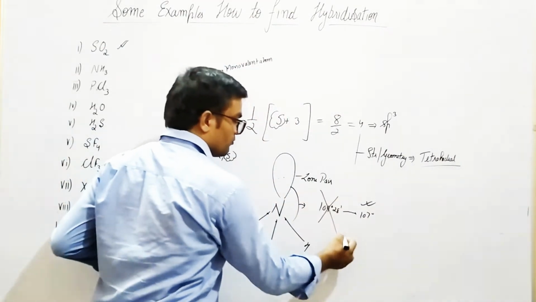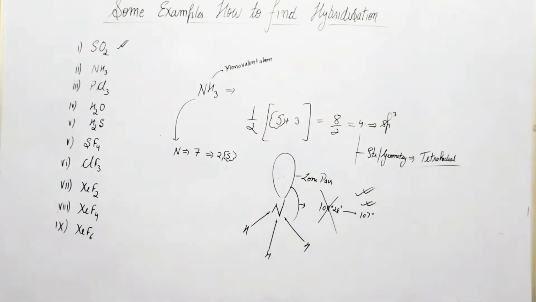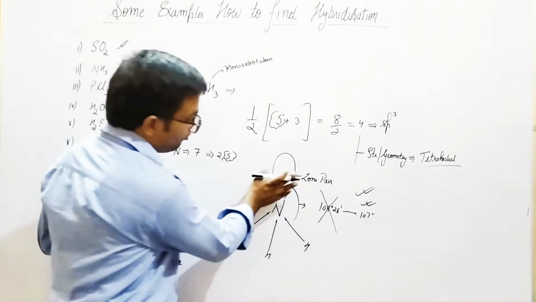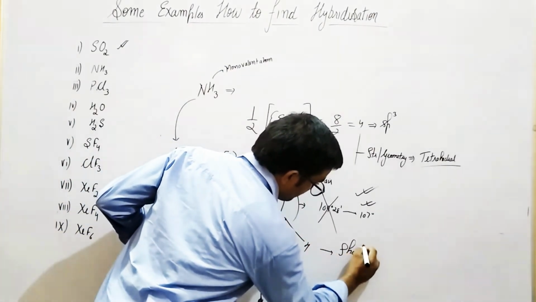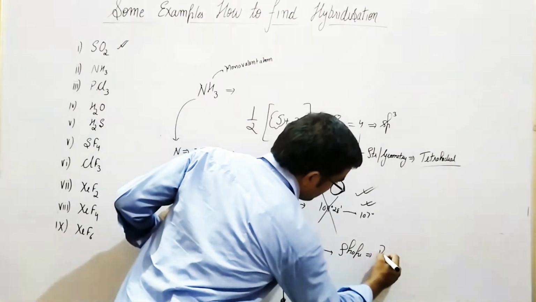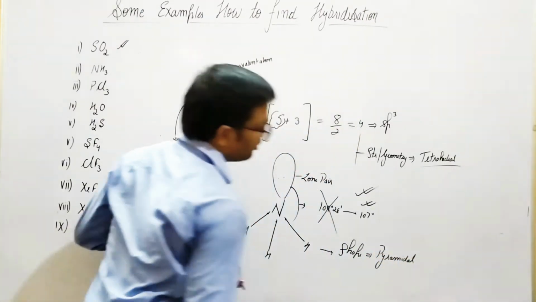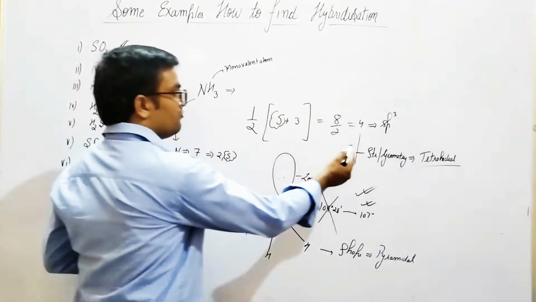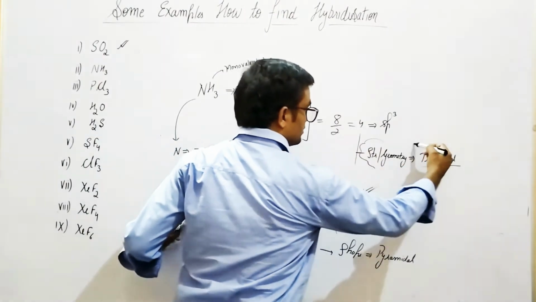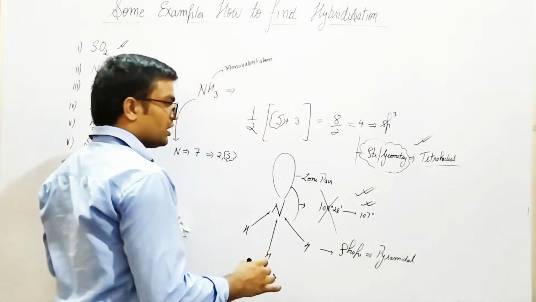The angle will be found to be 107 degree, and if we hide the lone pair, its shape will be pyramidal, simply pyramidal or trigonal pyramidal. Therefore, if anyone asks what is structure or geometry, we will answer tetrahedral, while its shape will be pyramidal only.